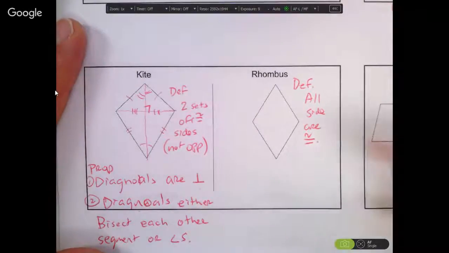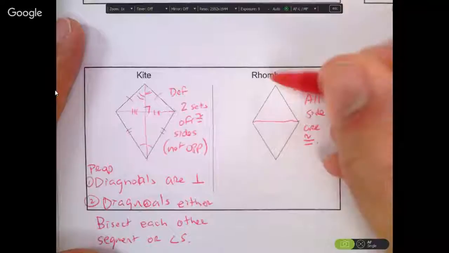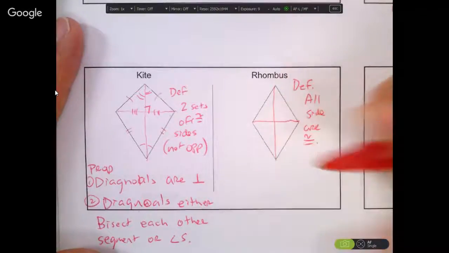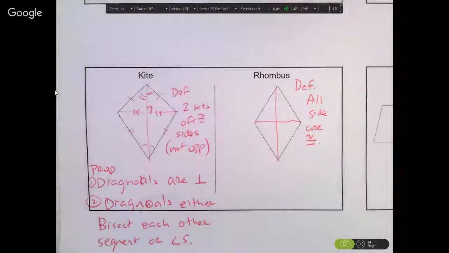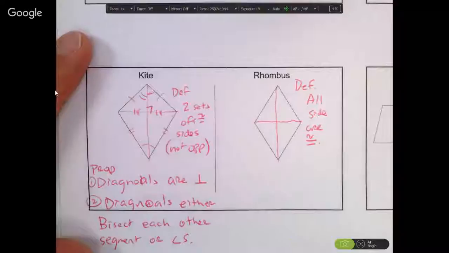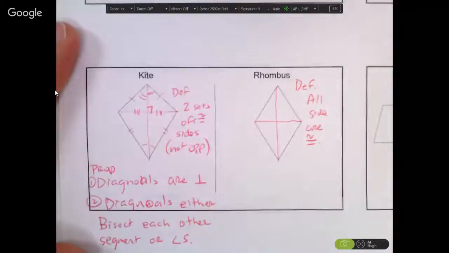So the rhombus, here's the definition. I think it's kind of important to have the rhombus next to the kite because they're very similar in what they do, their diagonals. It's not perfect. So this is what's kind of interesting about the rhombus: it has all the properties of the kite.